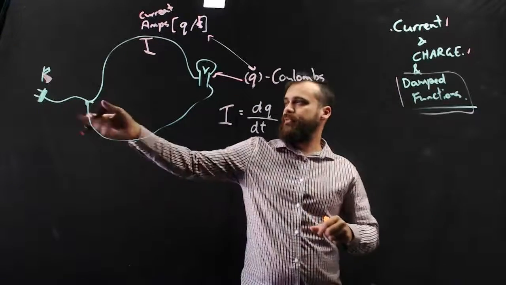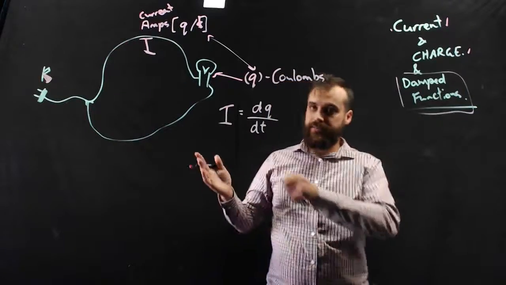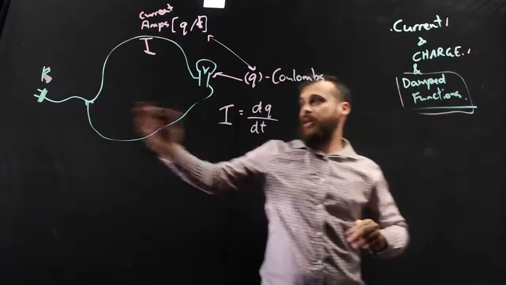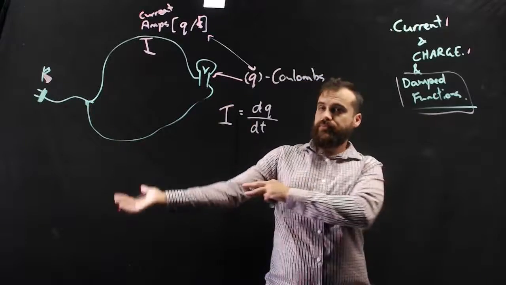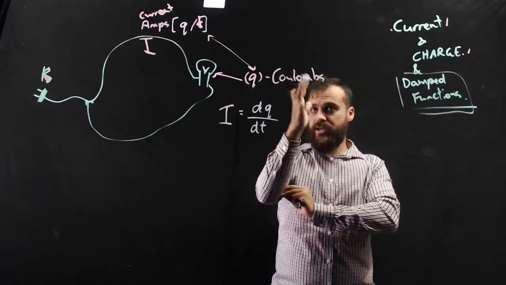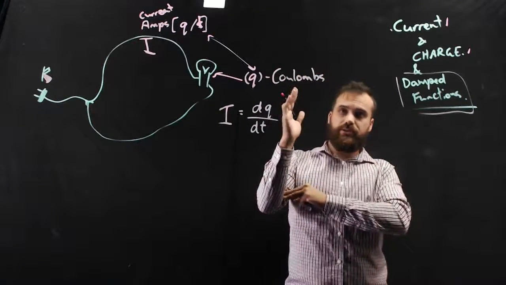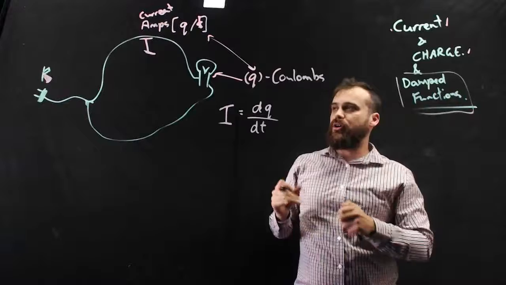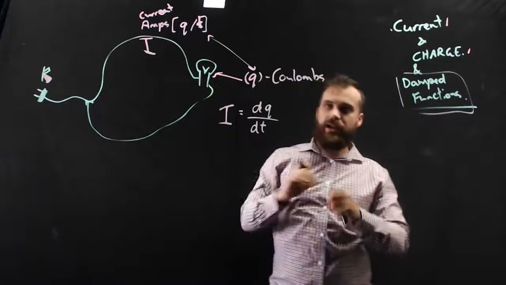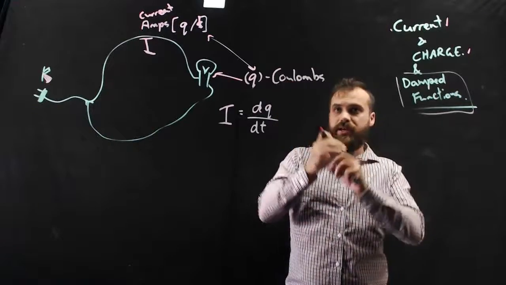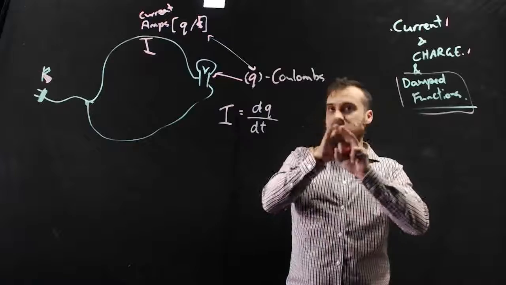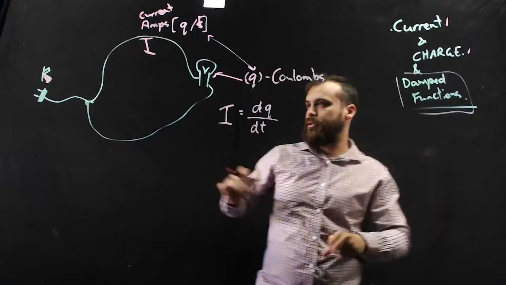What will happen is, if I turn this on, if I have an amp meter here, the needle on the amp meter is going to swing as heaps of charge comes through here, and then it will calm down, and then it will steady on down to a certain level. If you had like a high-speed camera, when you turn this on, the light is going to shine really brightly, and then dimmer, and then more bright, and then dimmer, and then it's going to settle down to a point.